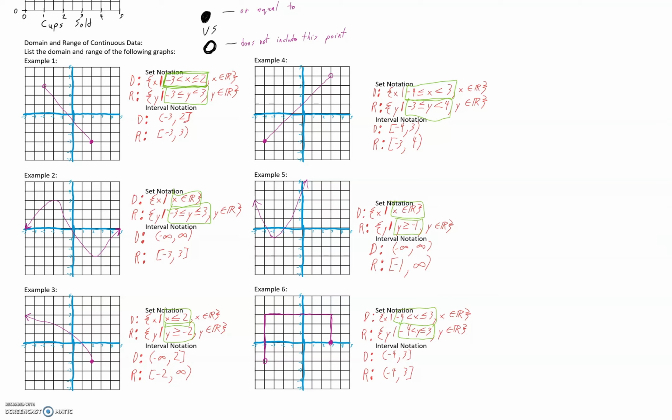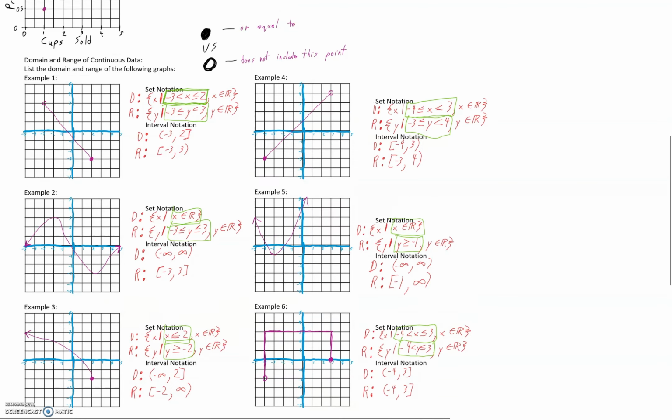So if you had just the green parts, and this was a 20 level course, 20-1, 20-2, or a 30 level course, 30-1, 30-2, I would accept that for full marks. But in 10C, we do require that whole thing written out, as that is technically the proper notation.